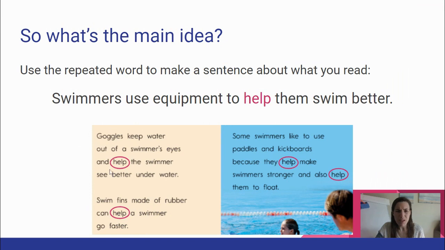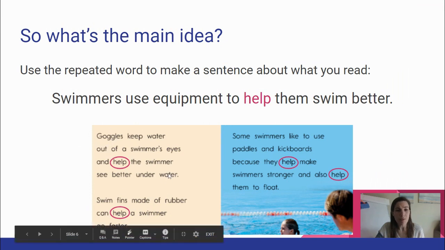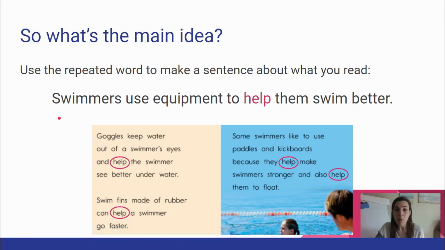Well, maybe they were telling me about the different equipment or the things that a swimmer uses to help them swim, and they kept using that word help. So maybe the main idea is swimmers use equipment to help them swim better. So I use that repeated word in a complete sentence that tells what these pages were all about.